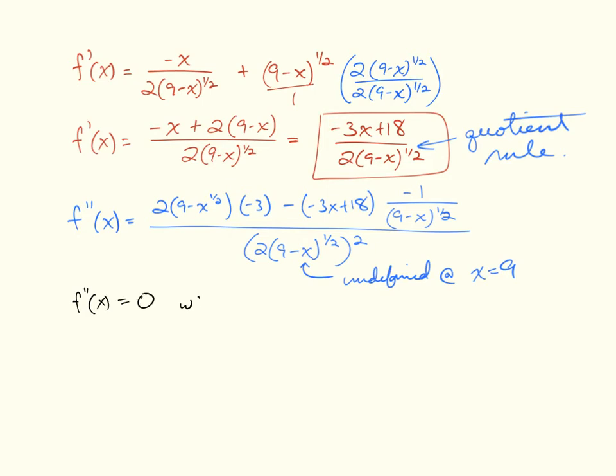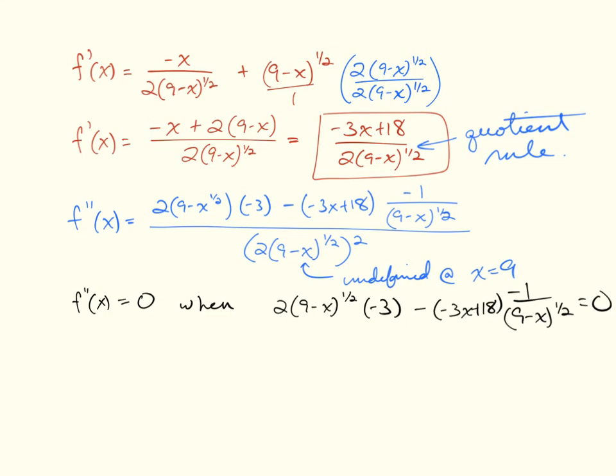And the second derivative equals 0 when the numerator is equal to 0, because the only way a fraction can be equal to 0 is if the top number is equal to 0.